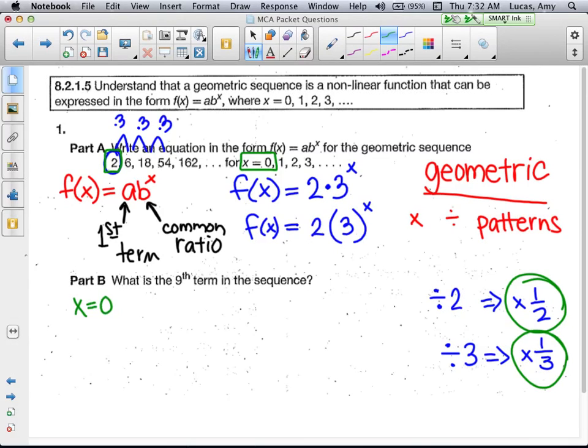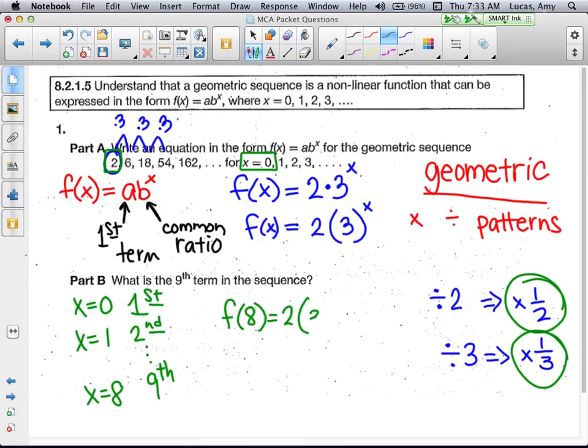X equals 1 gives you the second term. So if I'm looking for the 9th term, I am going to have to put in 8 for x. So f of 8 equals 2 times 3 to the 8th power.